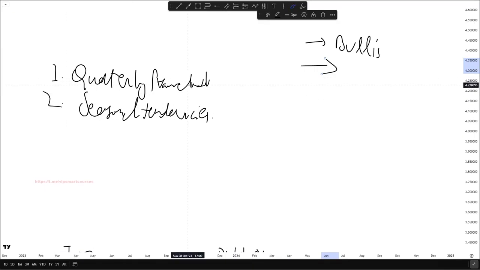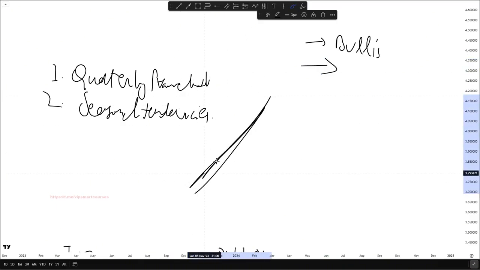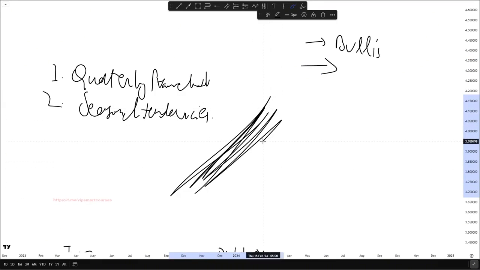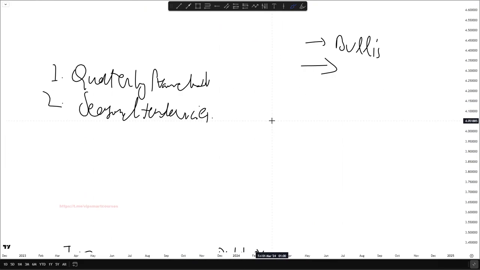Now, the underlying idea within this concept is that every 3 to 4 months, we have a quarterly shift. So let's say if price has moved in a bullish direction in the past 3 to 4 months, then it's highly likely that we have a quarterly shift the next month.